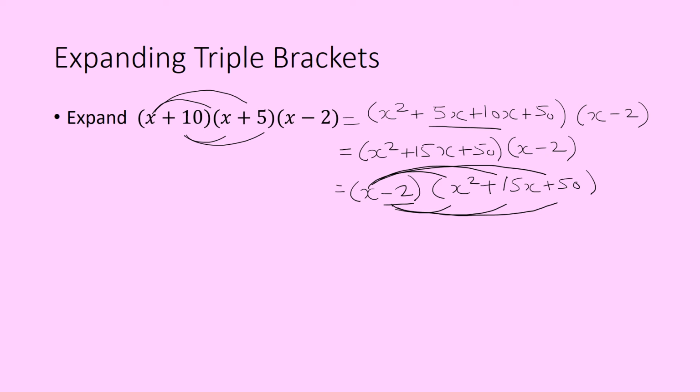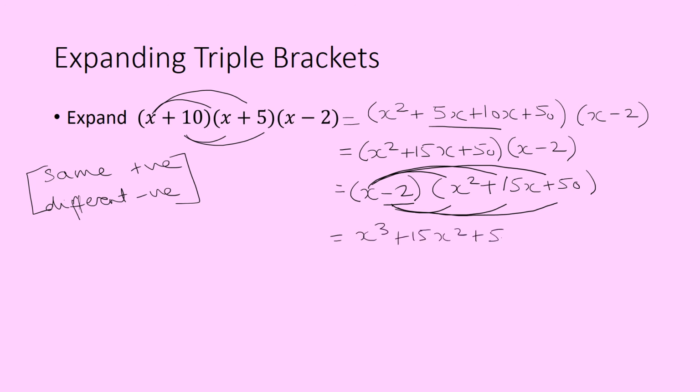When the signs are the same, the answer is positive, and when the signs are different, the answer is negative. So we get x cubed plus 15x squared plus 50x minus 2x squared minus 30x minus 100.